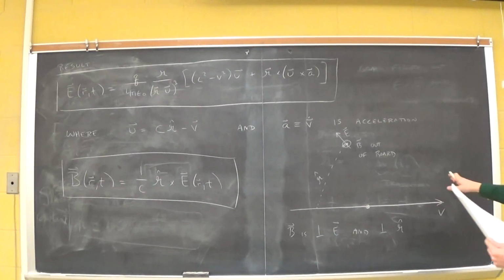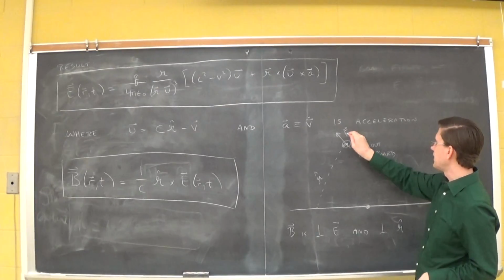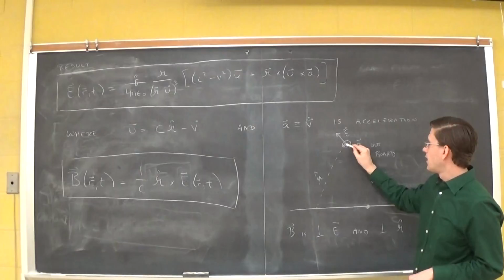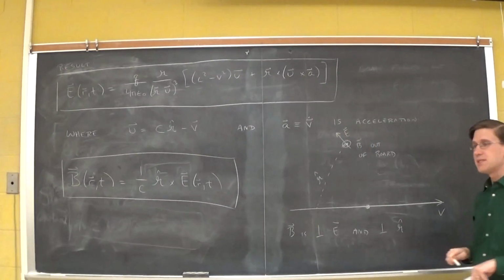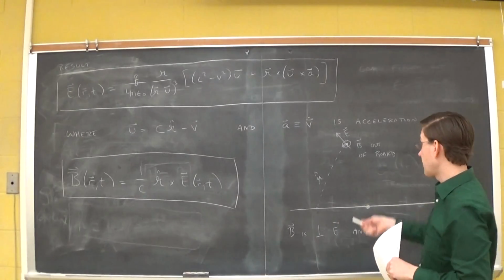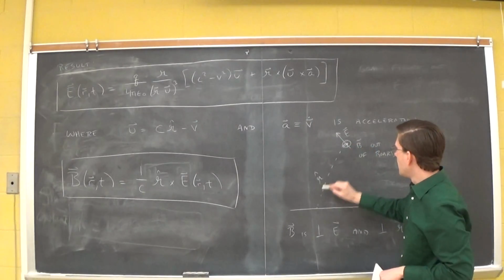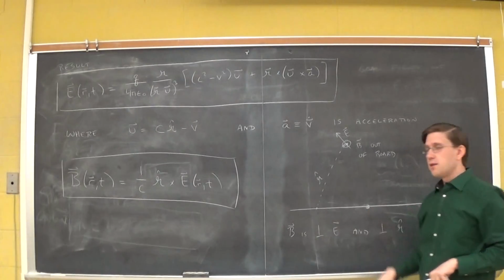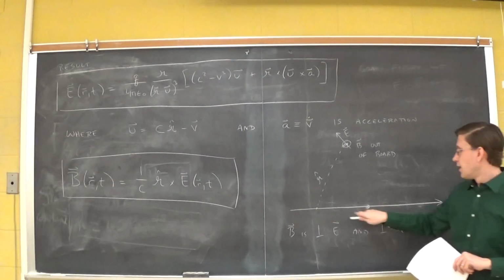So we have this remarkable result: if you wanted to calculate the E and B fields at a particular time, you have this mutual perpendicularity, just like we had for free electromagnetic waves traveling through space, and the directions to which they are perpendicular point back to the retarded position of the particle.